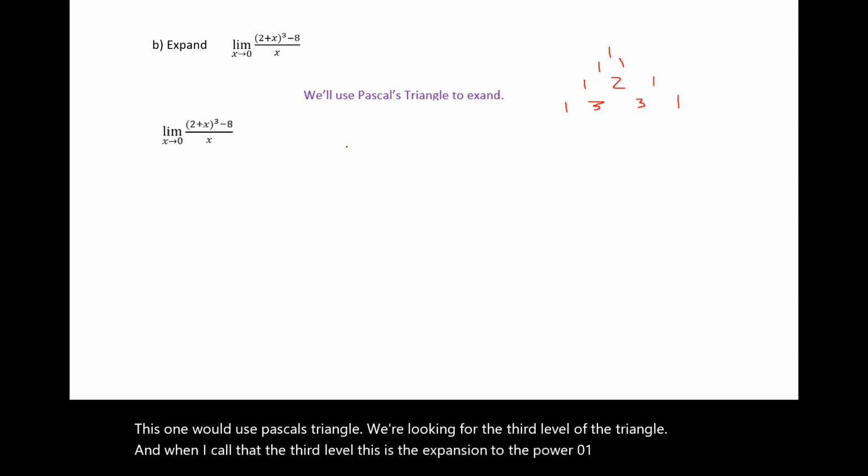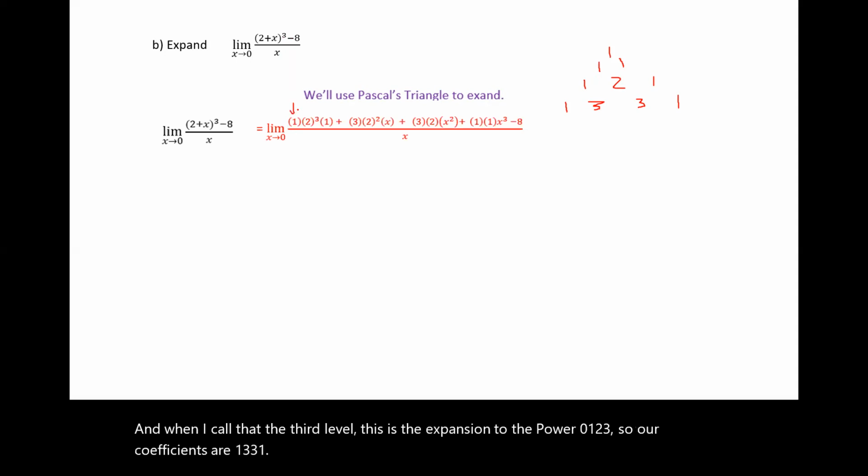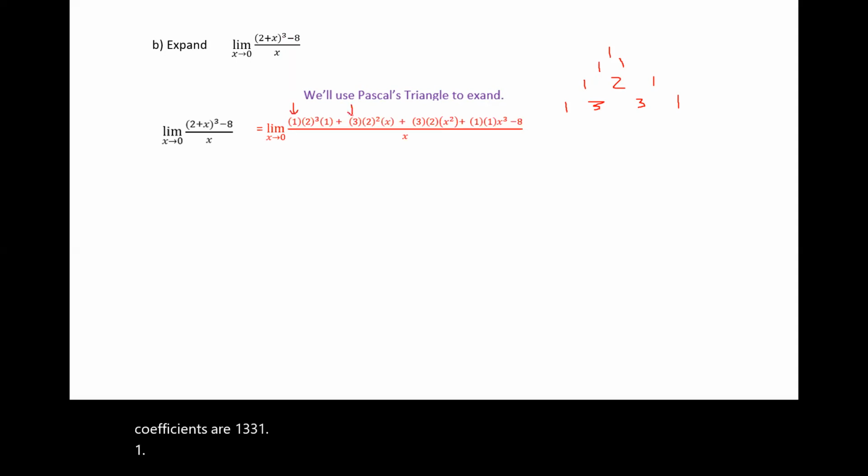So our coefficients are 1, 3, 3, 1. And then we have 2 cubed, 2 squared, 2 to the 1, 2 to the 0. X goes the other way, x to the 0, x to the 1, x squared, x cubed.